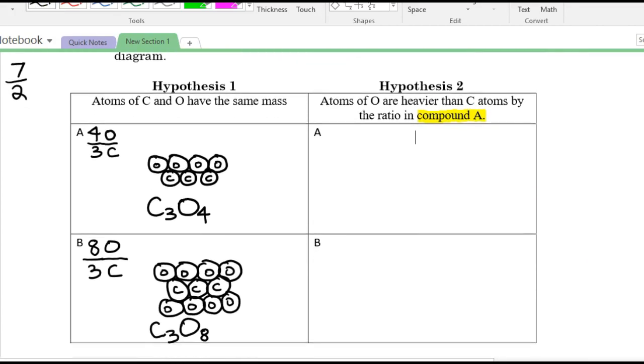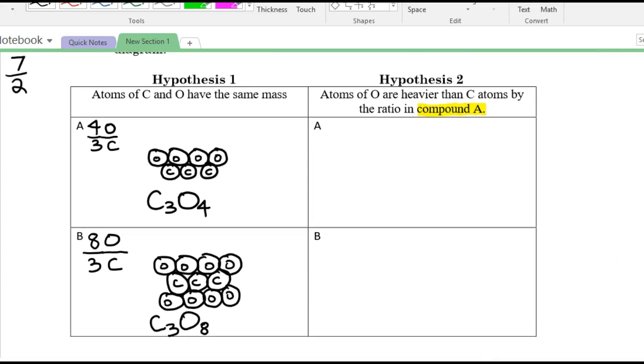This time, I'm saying that the oxygen has a mass of 1.33 compared to the carbon, which has a mass of 1.